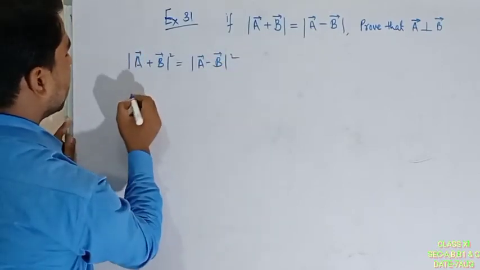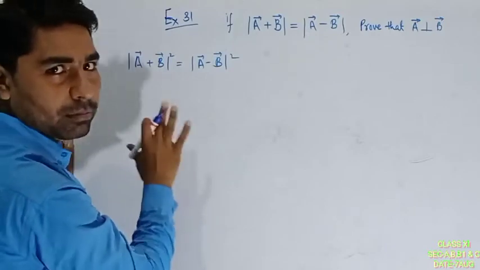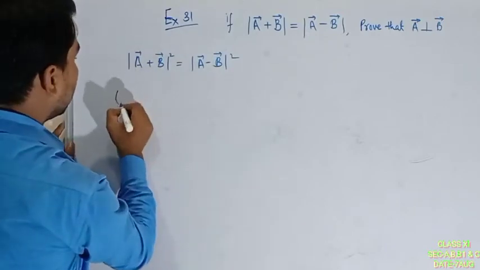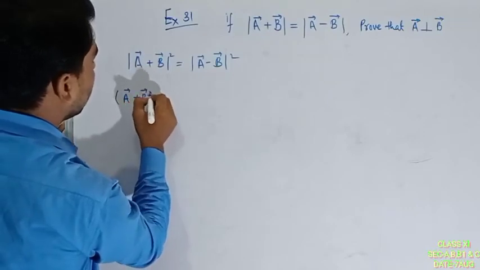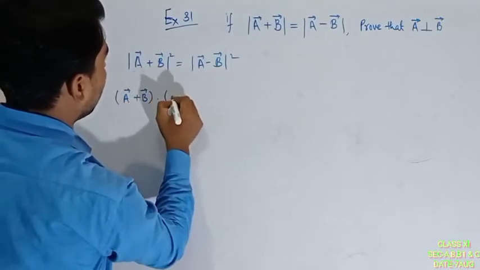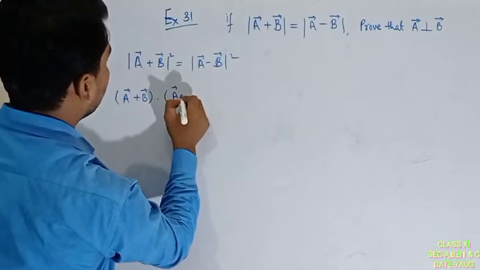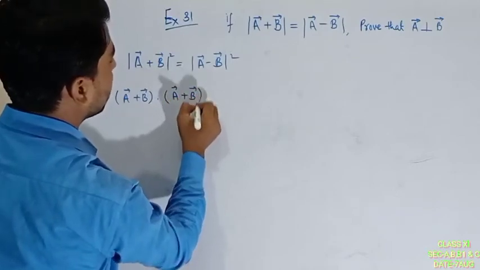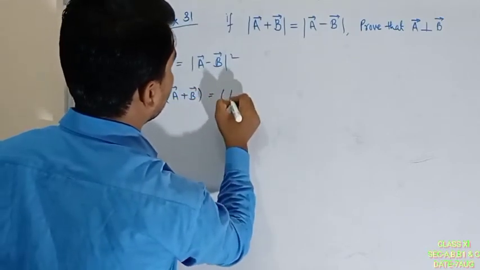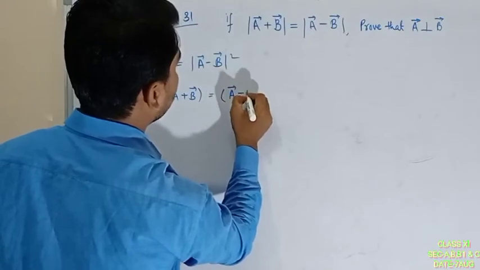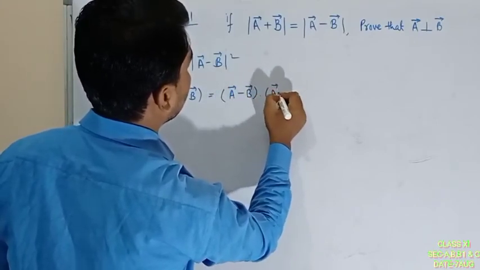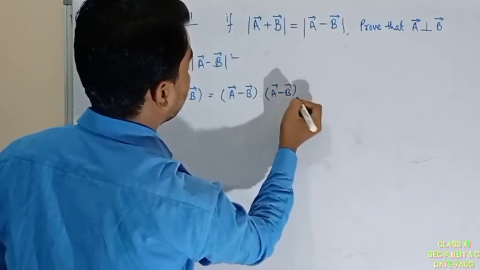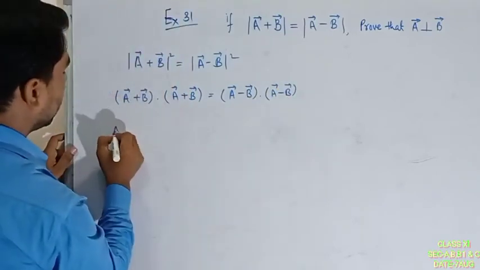So what will be here? Right now it is a magnitude, so it will look like vector A plus vector B dot vector A plus vector B is equal to, again here, vector A minus vector B dot vector A minus vector B. Let's multiply. What you will get?